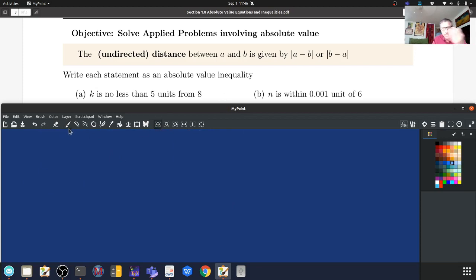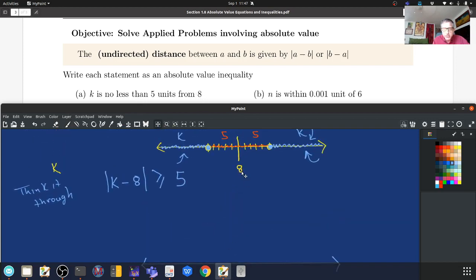So when we're doing this, we're going to try to maybe work out and speak about what we're doing here. So n is within, that means the range is 0.0001 unit of 6. So from 8, notice, 8 was on my number line. Now we have unit of 6.